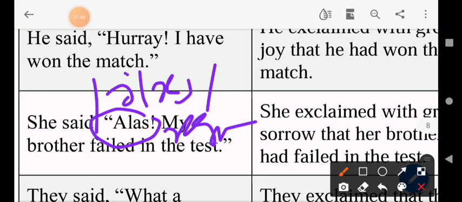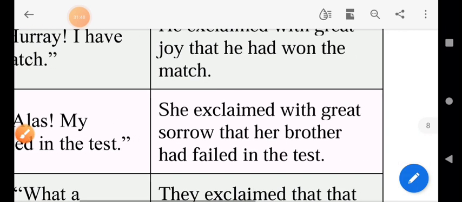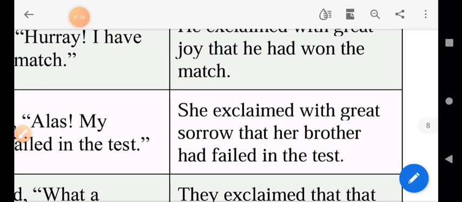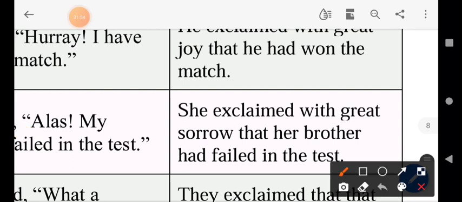At that time, what is the indirect narration? "He said" changes into the reporting verb exclaimed, exclaimed with sorrow, exclaimed sorrowfully.